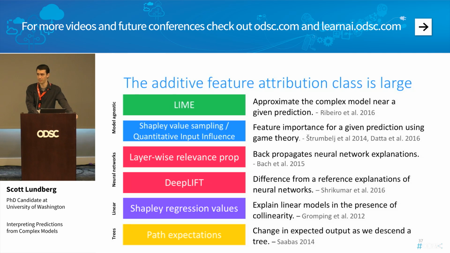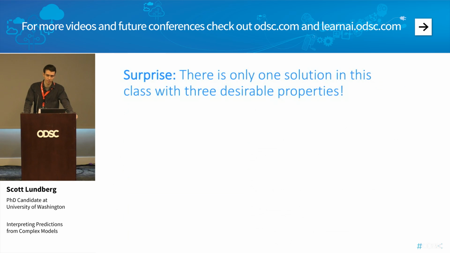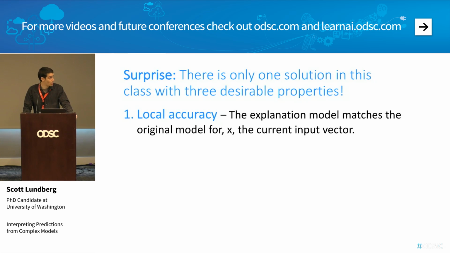This class, I would say, is interesting because it's large. It includes a lot of current methods that many of you may be using. It's also interesting for another reason, which is perhaps surprising. And that is that there's only one solution, only one method in this class that follows several desirable properties. The first desirable property is local accuracy. It's kind of a feature attribution method I described, right? It divides up the importance of your features.